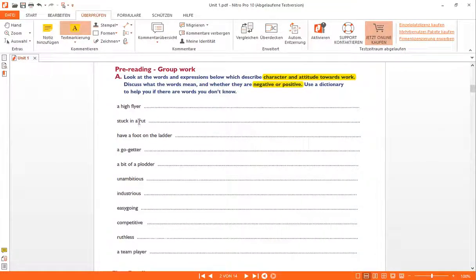Stuck in a rut, okay? The word stuck already should give us an idea that this is negative. It's a negative expression. And a rut is basically the marks that a tire makes on the ground, especially in a muddy area. So imagine your car being stuck in a rut, a muddy sort of ground.